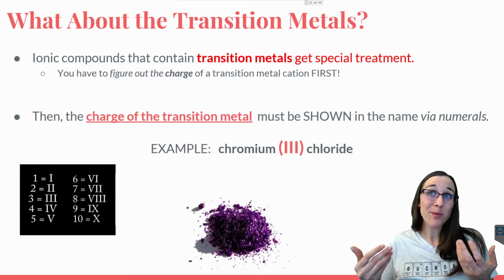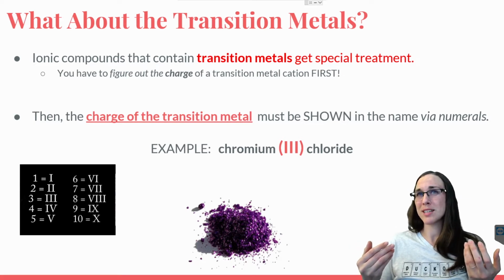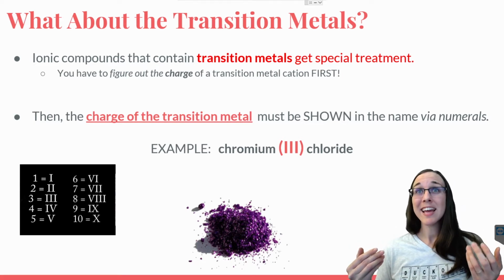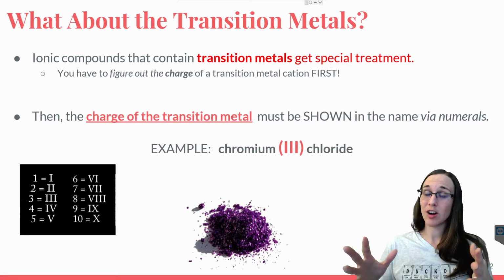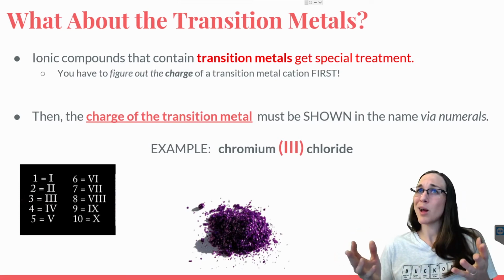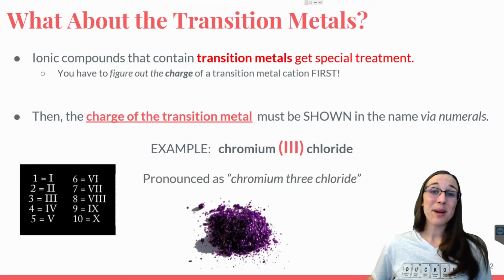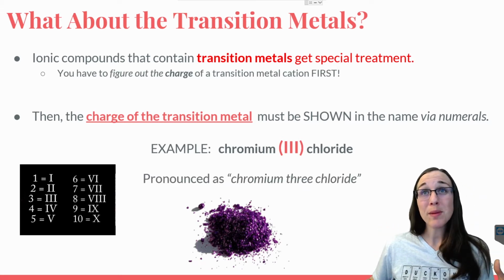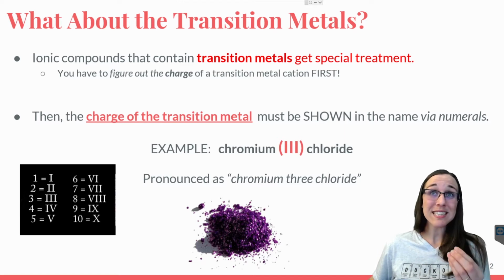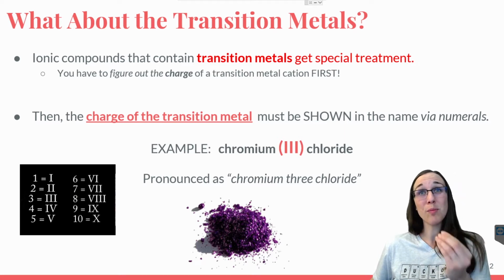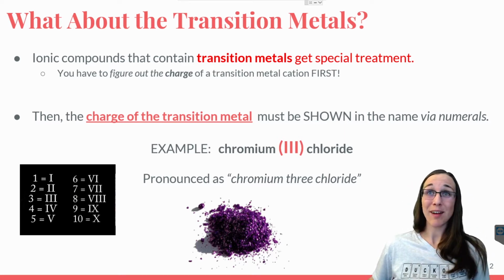Maybe tomorrow, when it's paired with a different atom, it wants to wear a +4 charge instead. It can transition the charge that it wants to wear depending on where it's going, depending on who it's hooked up with. And the way that we would pronounce this chemical is chromium(III) chloride. So you will physically say the charge, the Roman numeral, that's in parentheses after the transition metal.